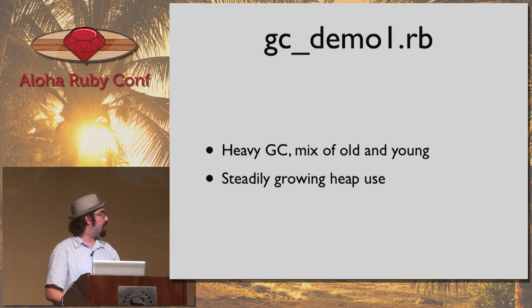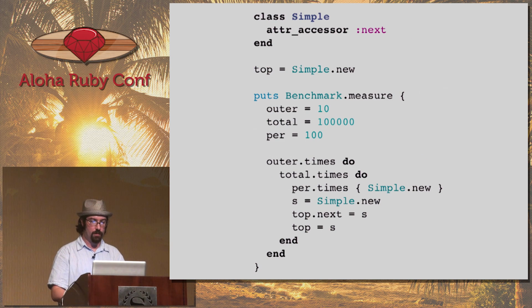So I have a couple demos I'm not going to run here. I've pre-run these and gathered some metrics about GC in JRuby versus MRI. The first one's GC Demo 1. It has a lot of GC, which is a mix of old and young objects. So objects that have been sticking around for more than a few seconds, combined with stuff that's being spun off really quickly. And then the heap steadily grows over time. Here's the example. We have a couple different levels of loops.